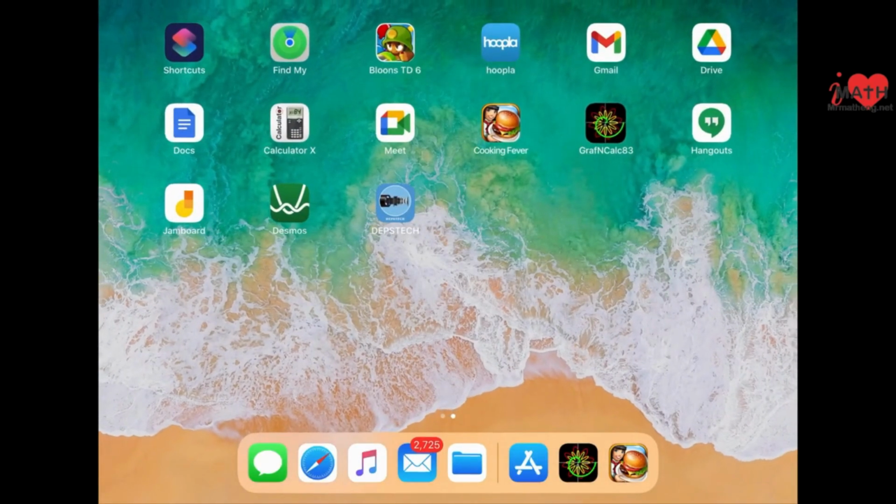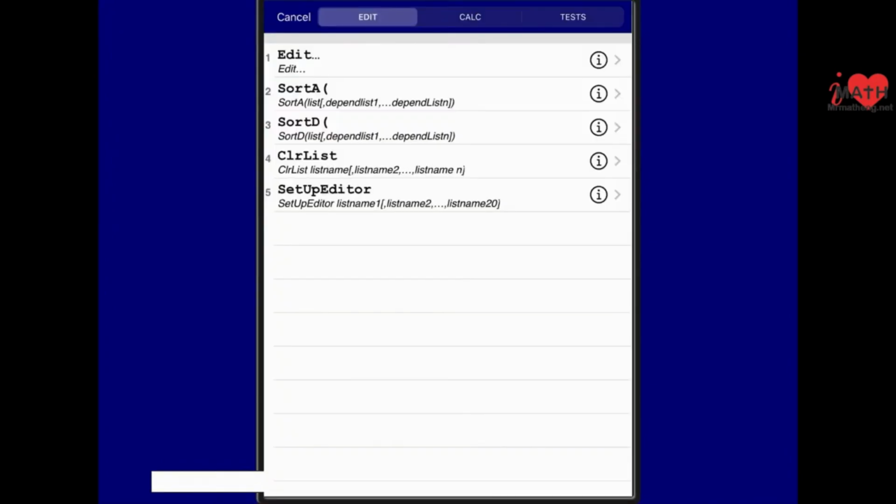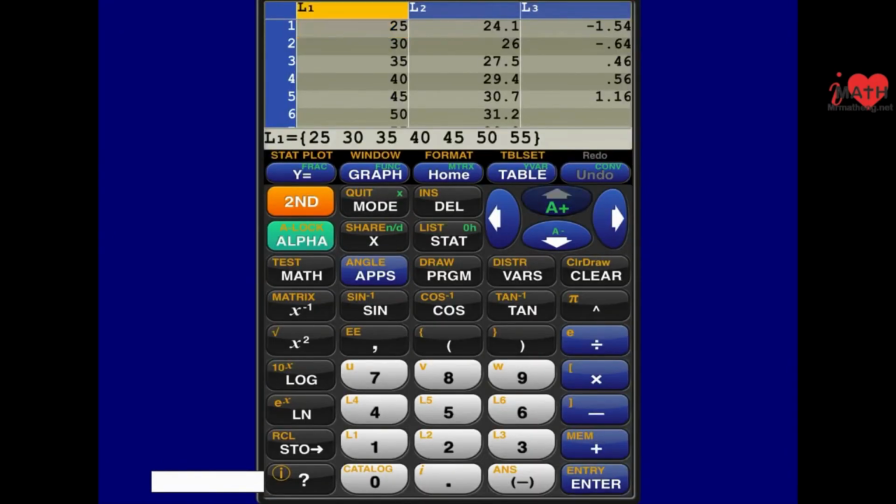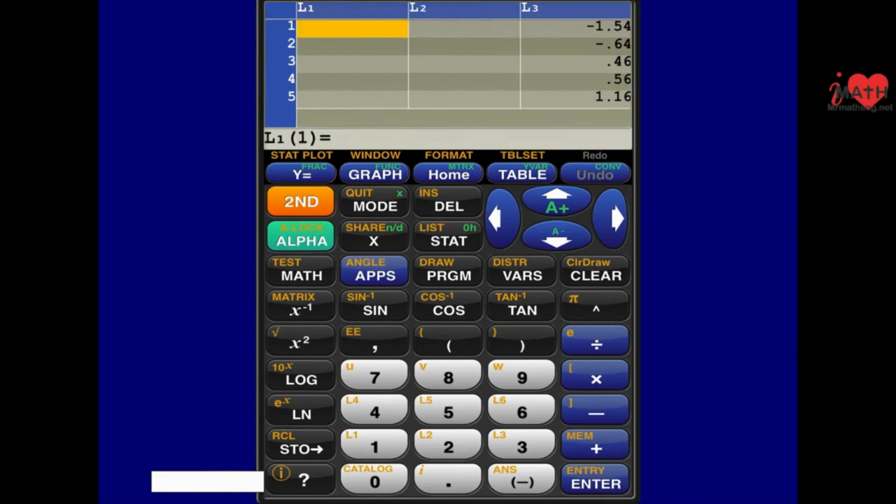Let's see if this thing doesn't crash on me. If it crashes on me, I'm tempted to throw this thing. Just putting in all the numbers.